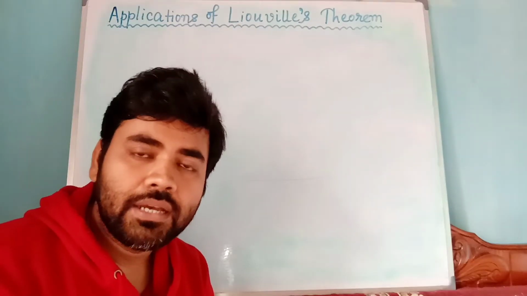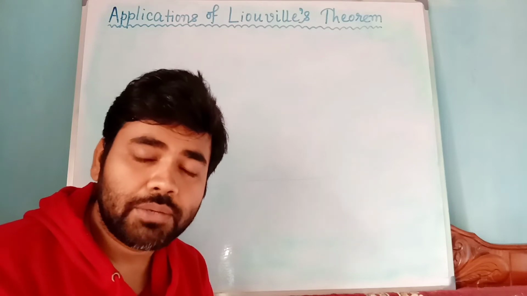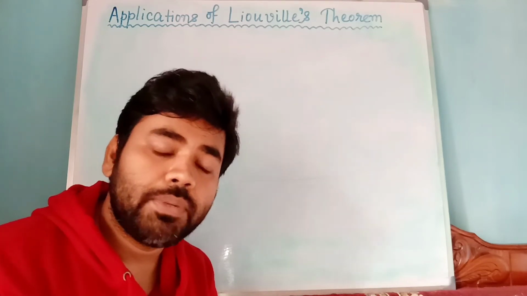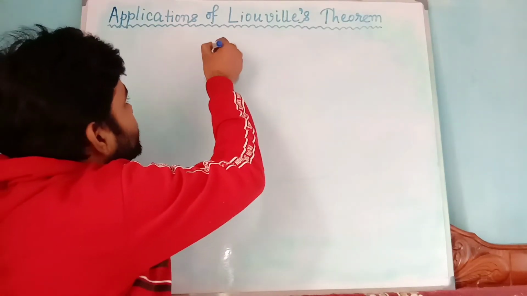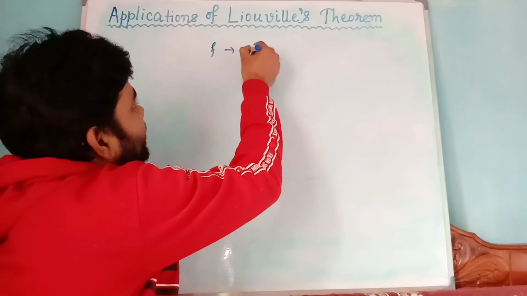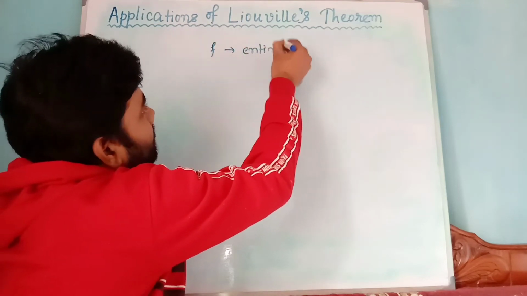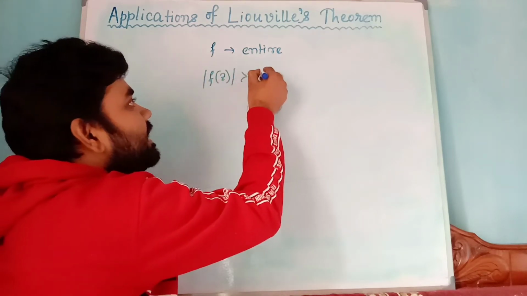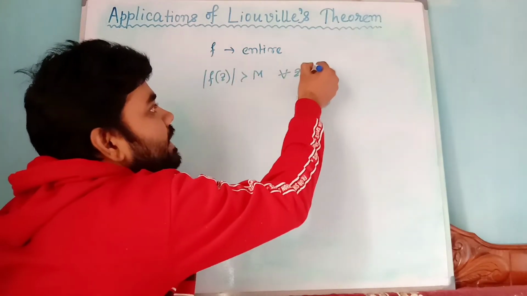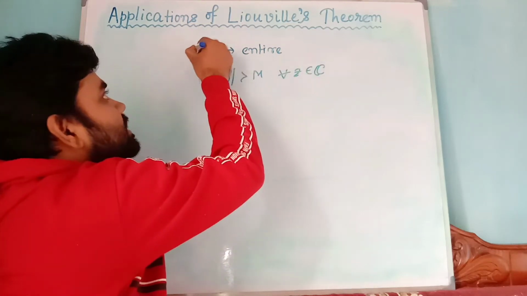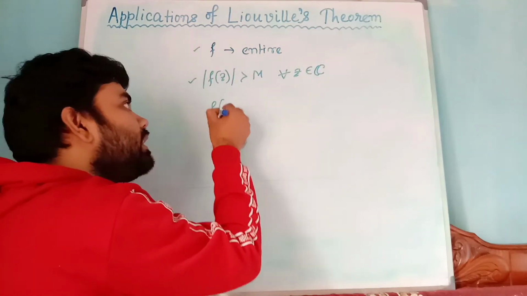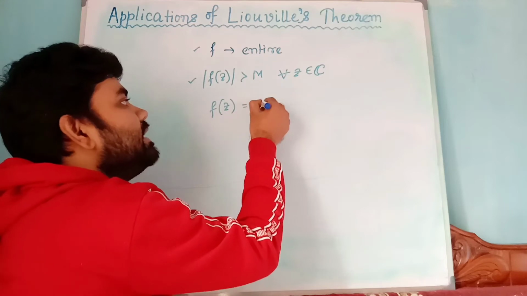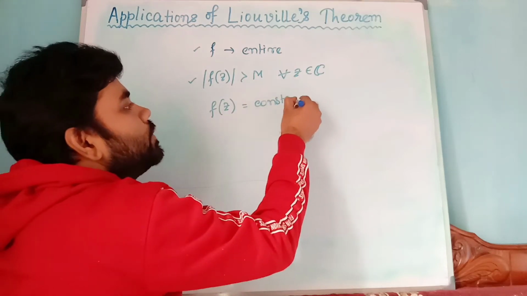Now we will see a very interesting application of Liouville's theorem in complex analysis. And what is the application? Suppose f is an entire complex function and mod f(z) is greater than M for all z belonging to C. If these two criteria hold, then only we can write f(z) is a constant function.